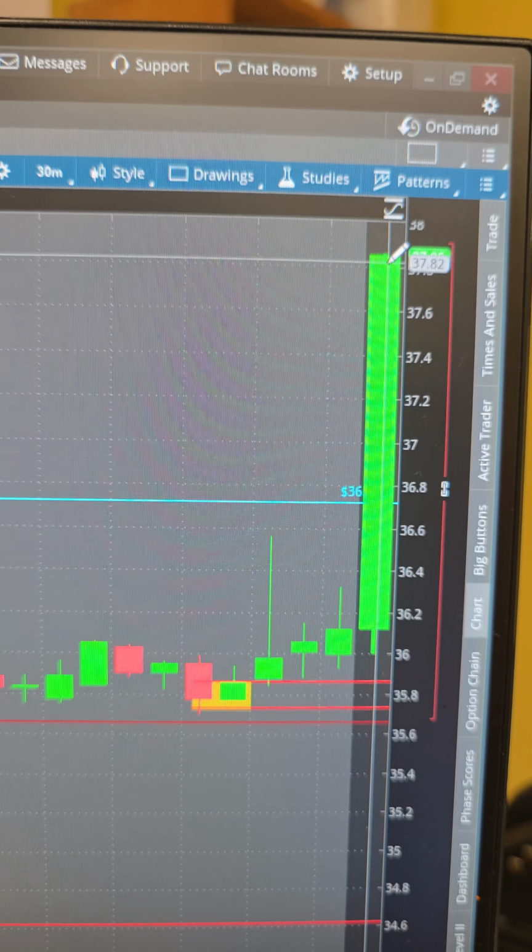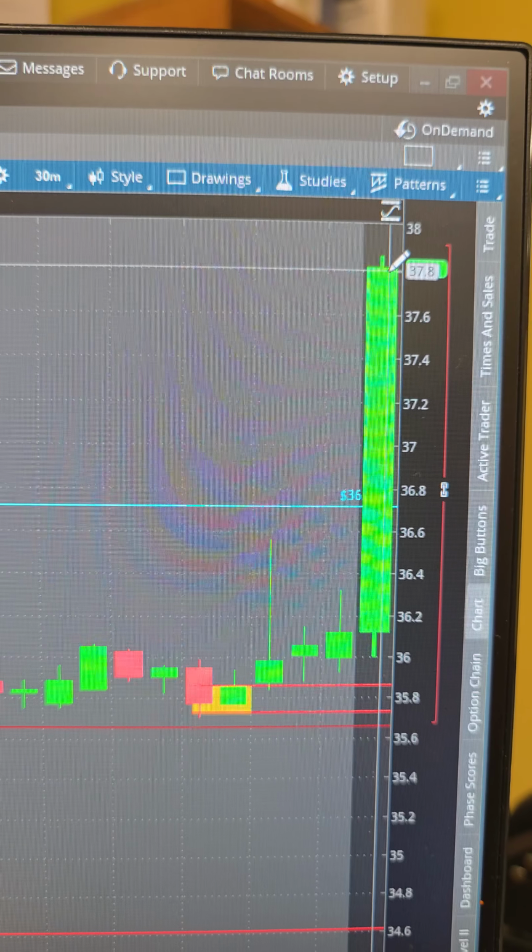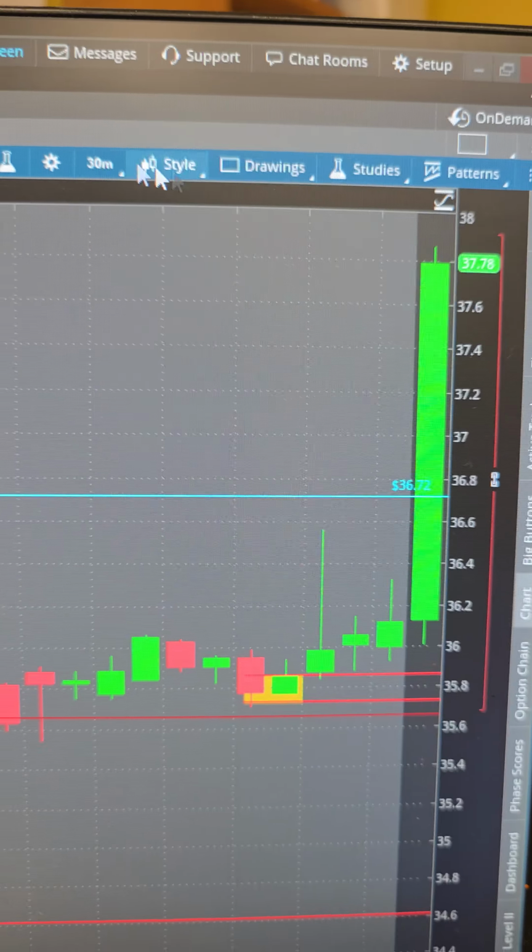So this candle hasn't closed. We have to wait until this candle fully closes. The candle takes 1 hour to fully close.